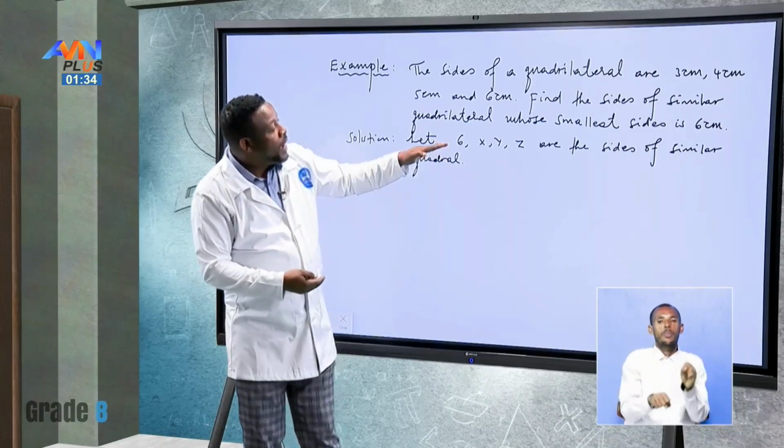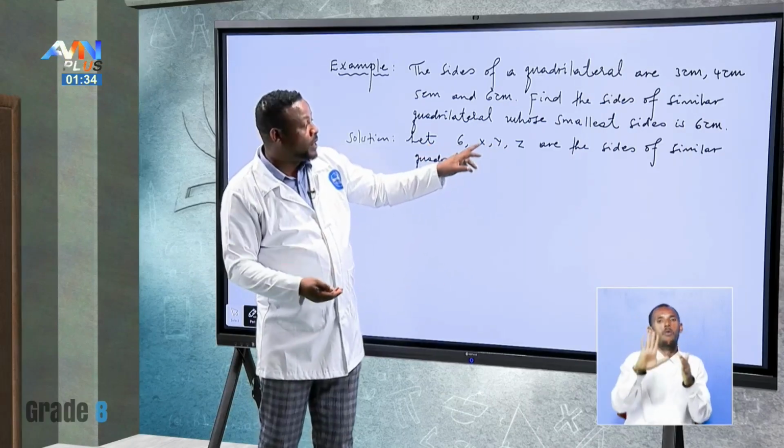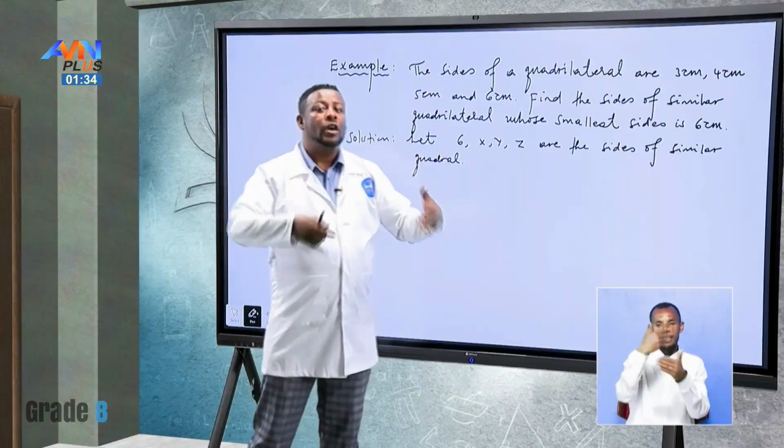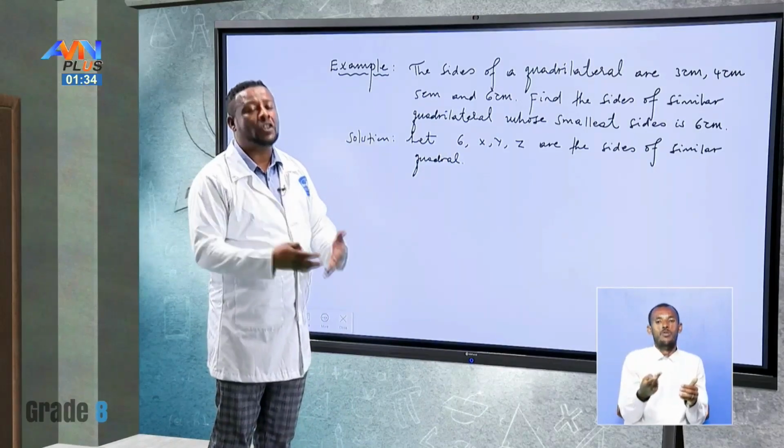So if we are able to represent the unknown sides by x, y, and z, the next step is we need to equate the pairs of the ratios of corresponding sides.